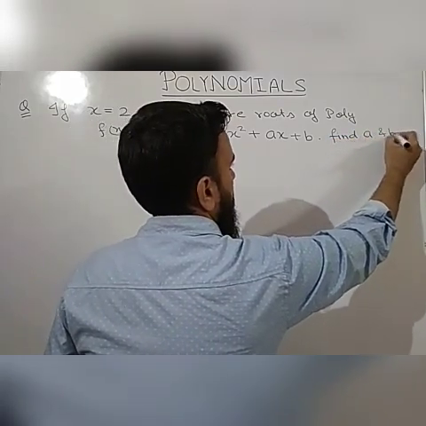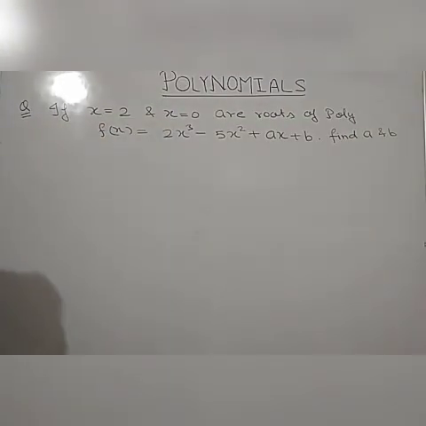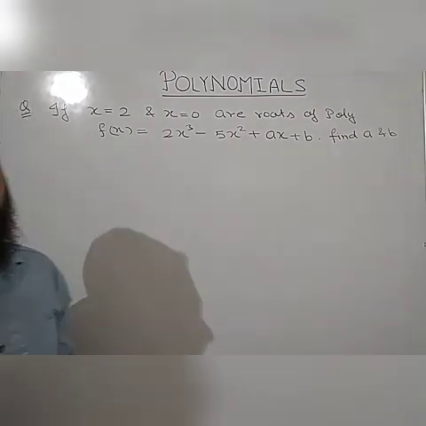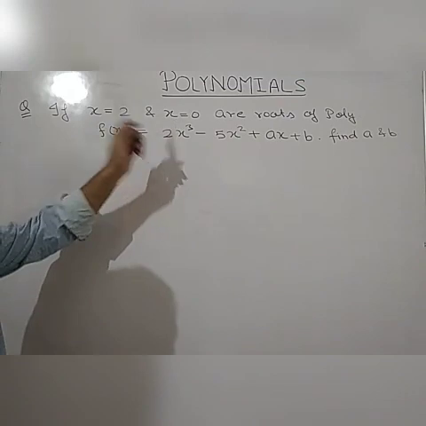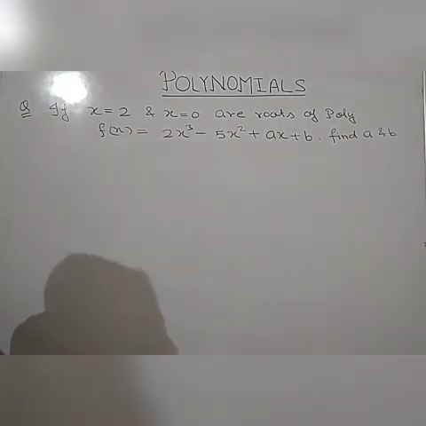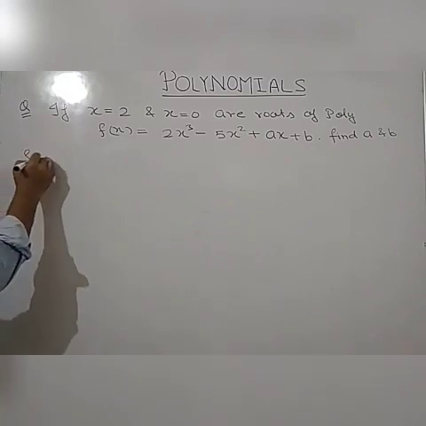Now this is the question. In this equation there are two unknowns, a and b, and you are given two zeros, or two roots, of this polynomial. So we will solve in the same way.